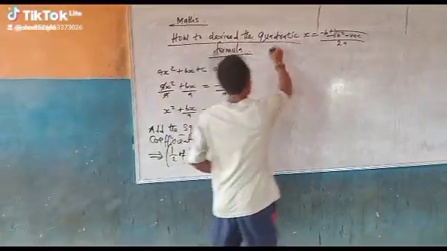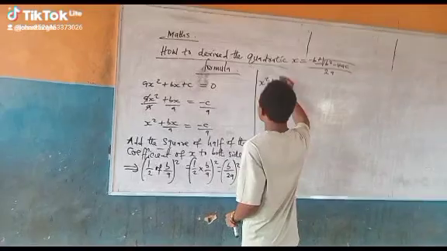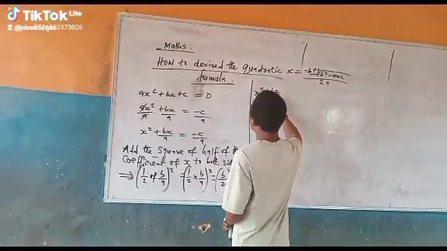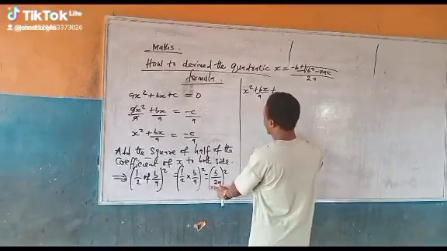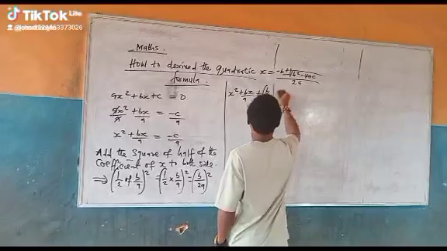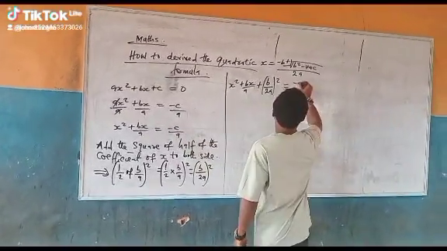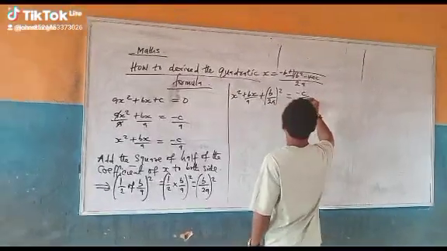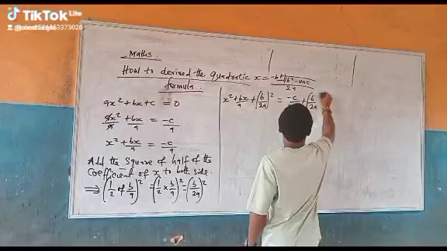So we have x squared plus bx all over a plus b all over 2a squared is equal to minus c all over a plus b all over 2a squared.